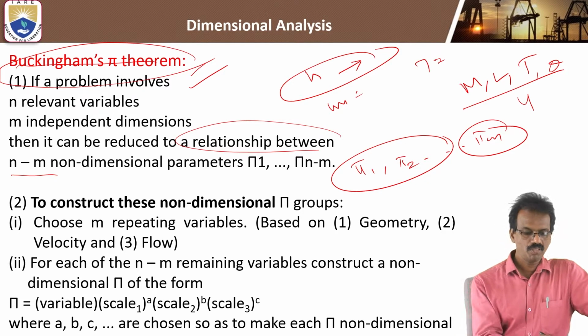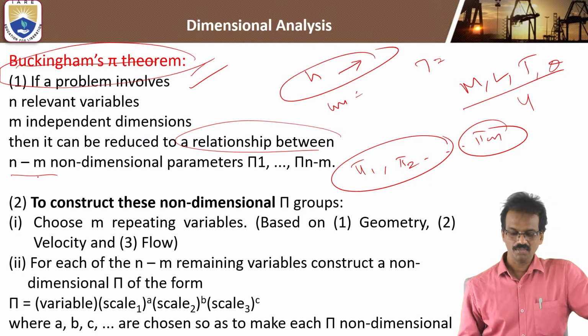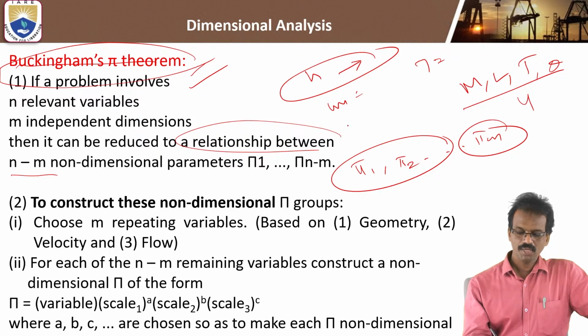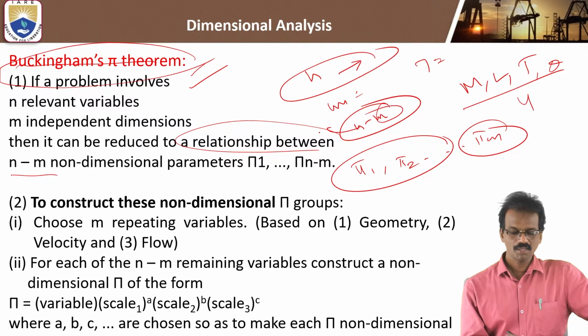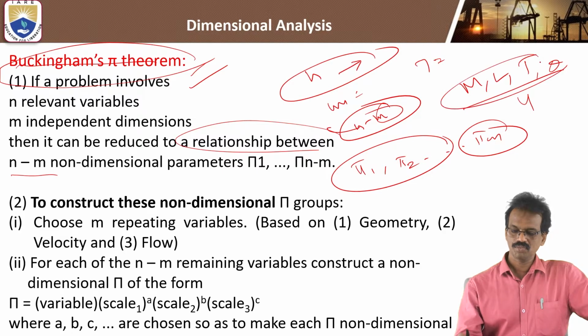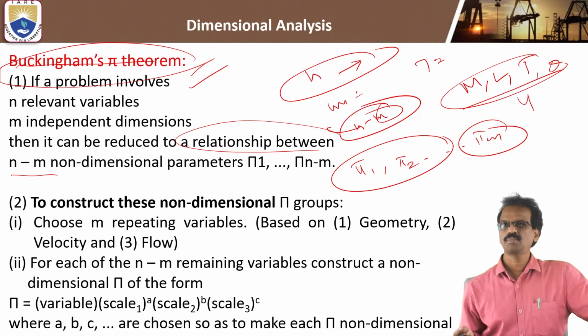The pi terms depend upon the n comma m values. So the number of pi terms is equal to n minus m. Here n is the number of physical properties of the fluid, and m is the basic, independent dimensions, meaning mass, length, time, and temperature theta.